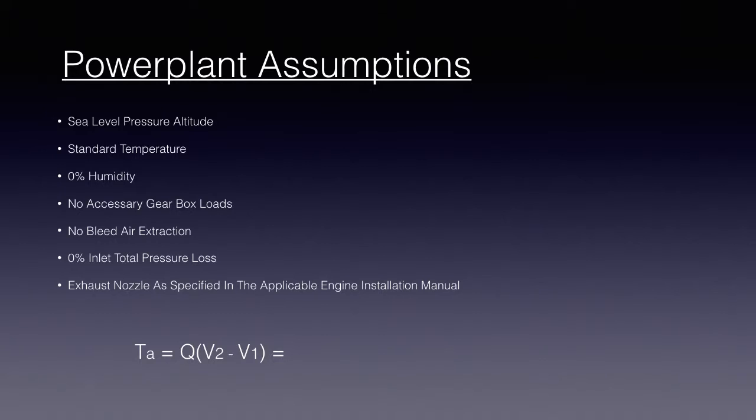So when we go to calculate the thrust available from the engine, I obviously don't have some of the data needed for the formula. However, thrust available equals the mass airflow, which is typically in slugs per second, multiplied by your exit velocity minus your inlet velocity, and you come up with a poundage for thrust on the engine. I don't have that data, but luckily Williams does give us that data.